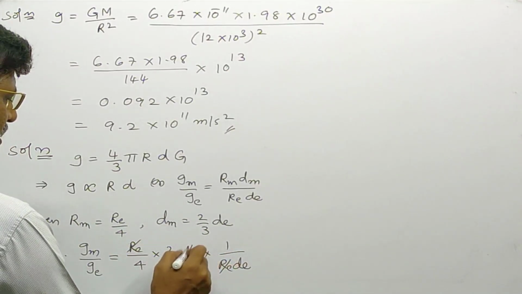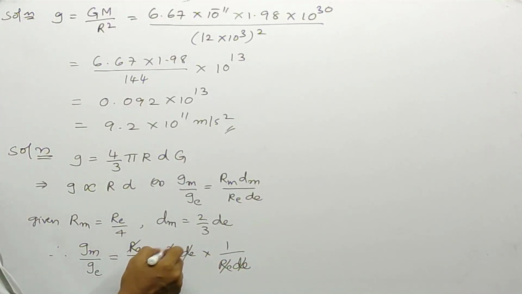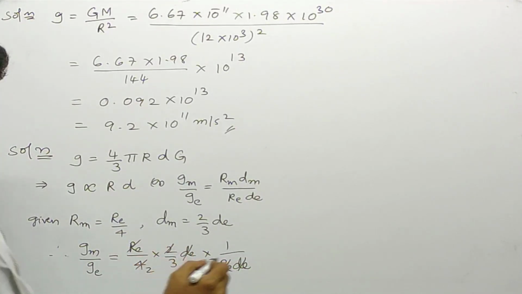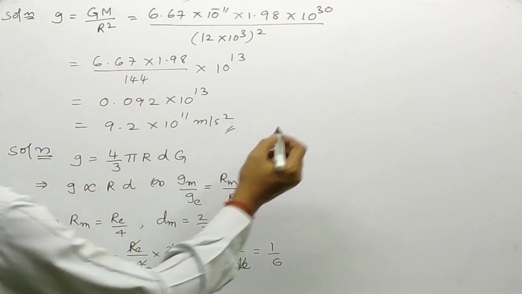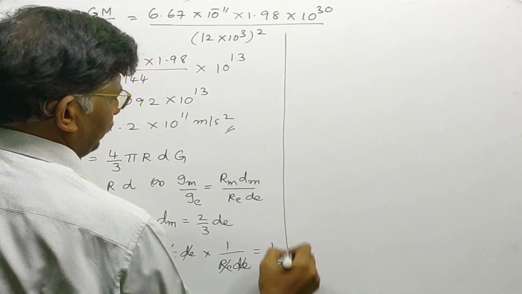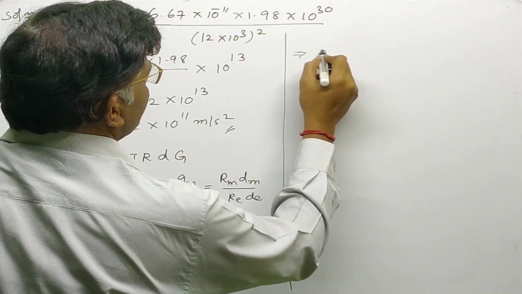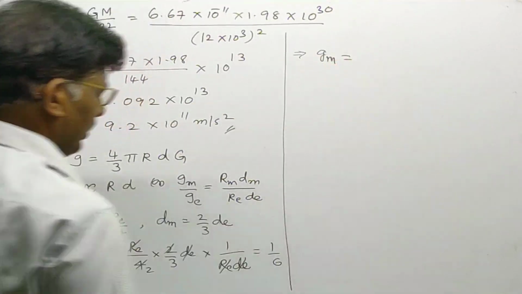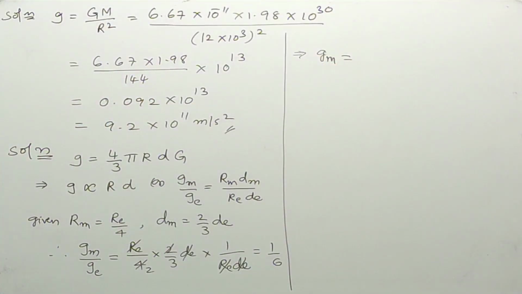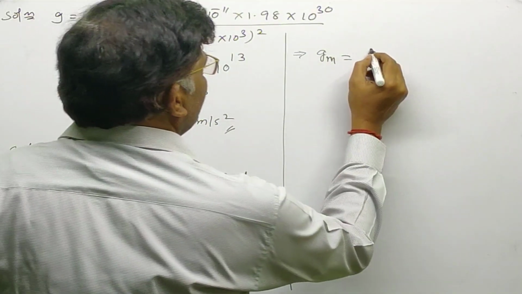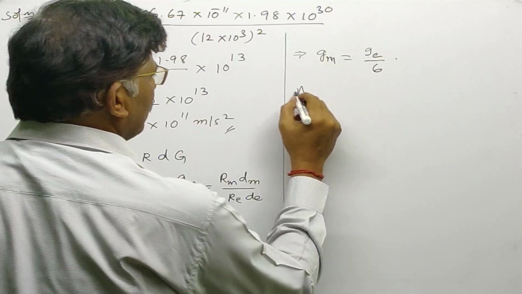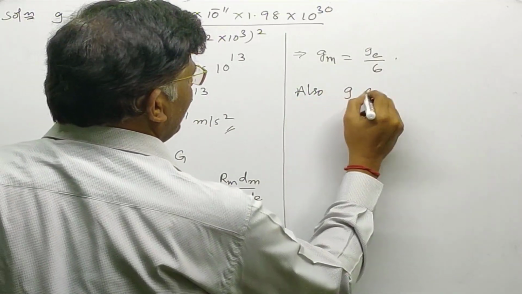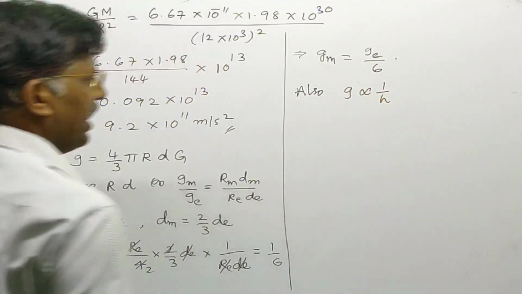So RE cancels, DE cancels, 2 1s are 2, 2 3s are 6 (wait: 4 times 3 is 12, so 2 by 12), so 1 by 6. That implies gM is equal to gE divided by 6.